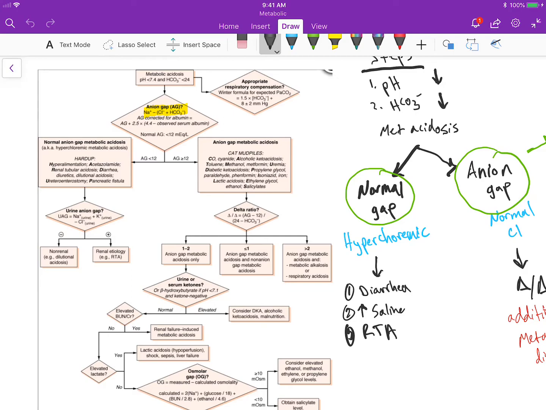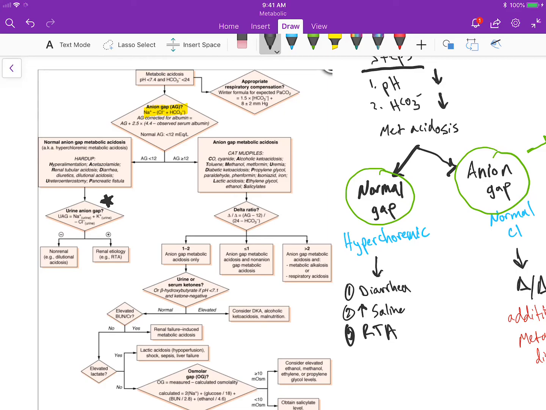Next thing we want to do is calculate the gap. If we've identified a decrease in gap, we would suspect things like diarrhea or an abundance of saline. But if we're suspecting that something else is going on, that's when we can utilize the urine anion gap. What that tells us is if there is a positive gap using this formula, that tells us there is an RTA, or renal tubular acidosis, going on, because normally the gap should be negative.